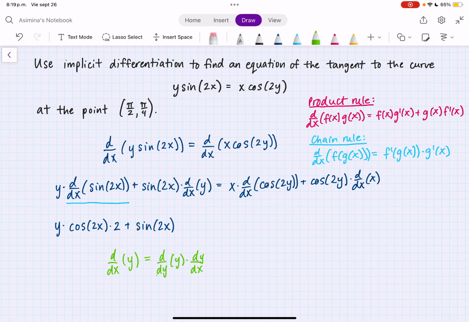Now notice the dy's cancel out, so this is really d dx of y. So we can take the derivative of y with respect to y, so that would be 1, and then we multiply by dy dx.